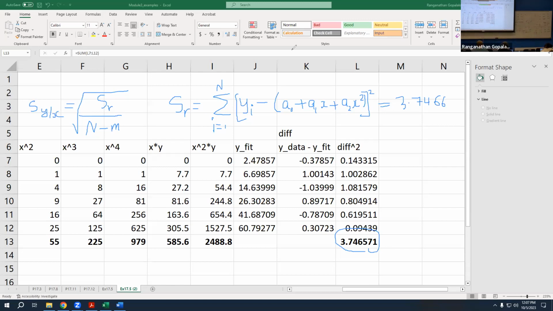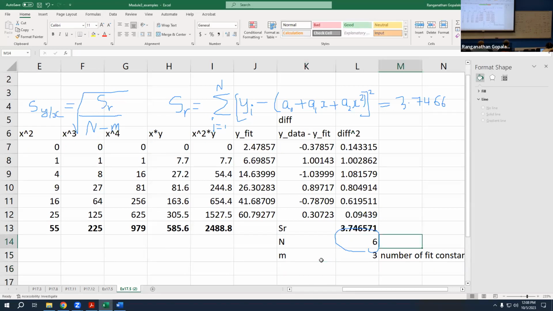So I'm going to write, in our case, this is SR, okay, n equals 6 and m equals 3. Number of fit parameters or fit constants, and this is number of observations, and SR is sum of differences squared.